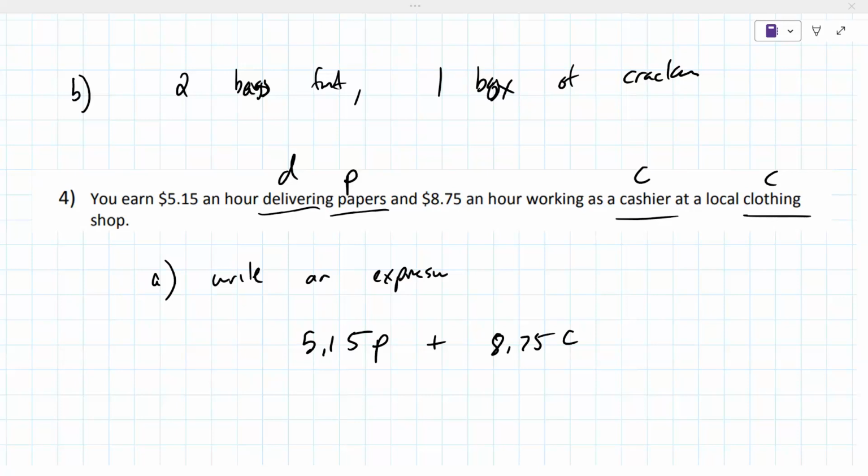Maybe finding all the coefficients, variables, like terms, and constants. Okay, sure, we can do that.